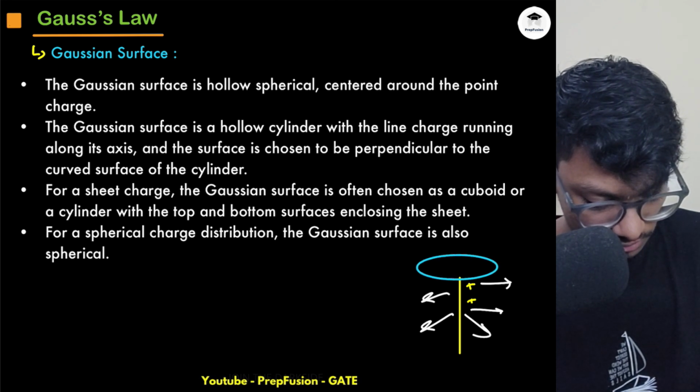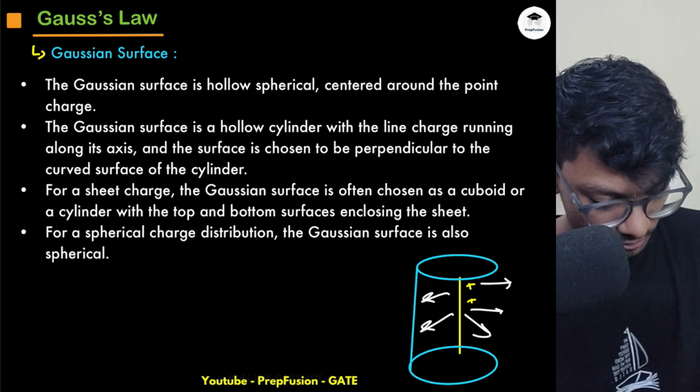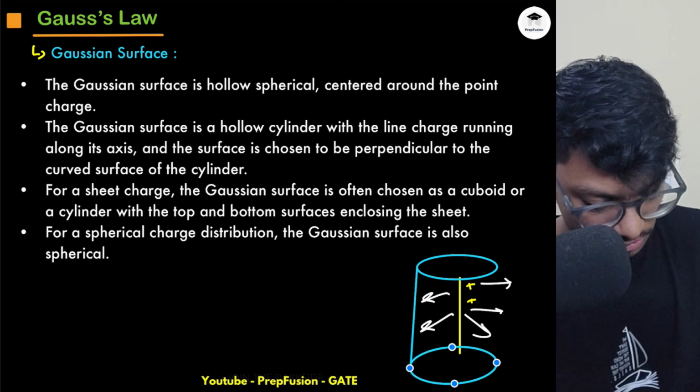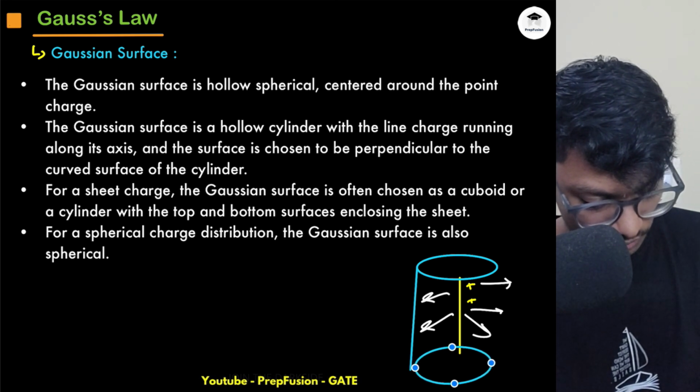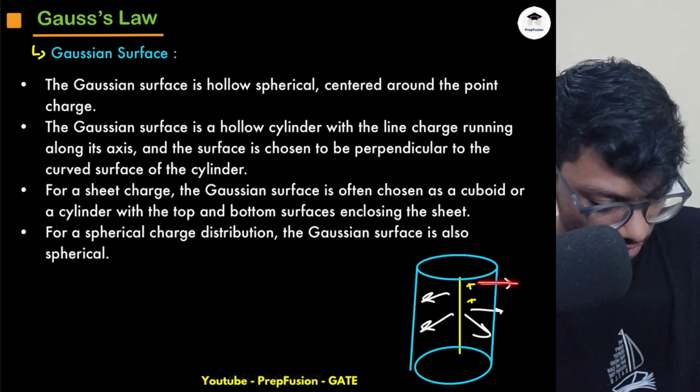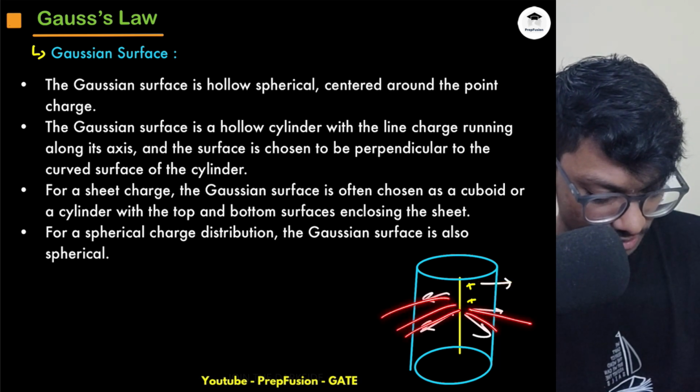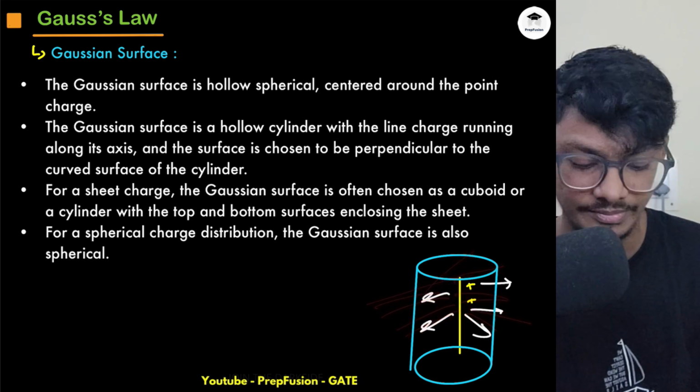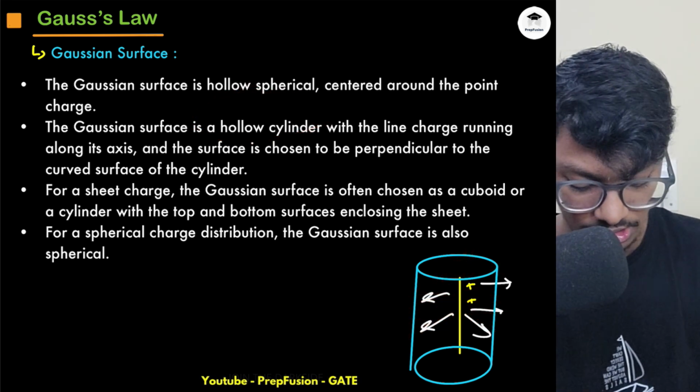If I choose a hollow cylinder, the field will always be perpendicular to the surface, radially outwards. So that's why I choose a hollow cylinder.